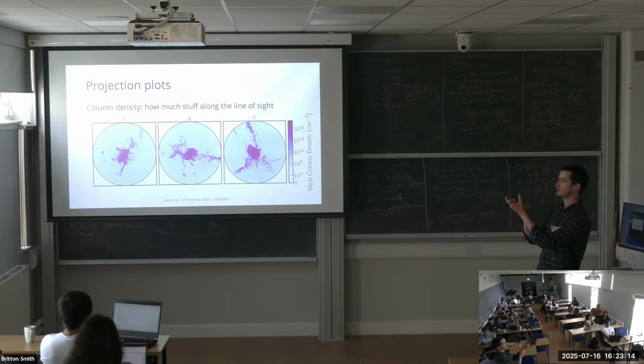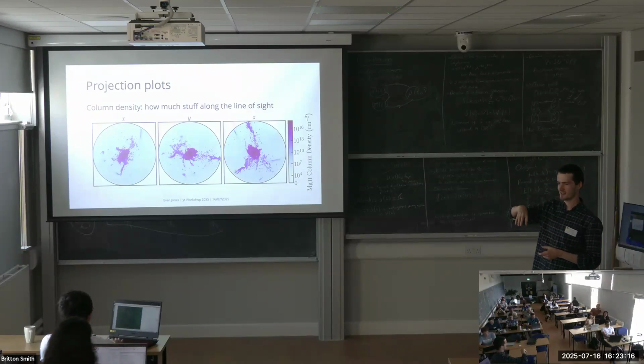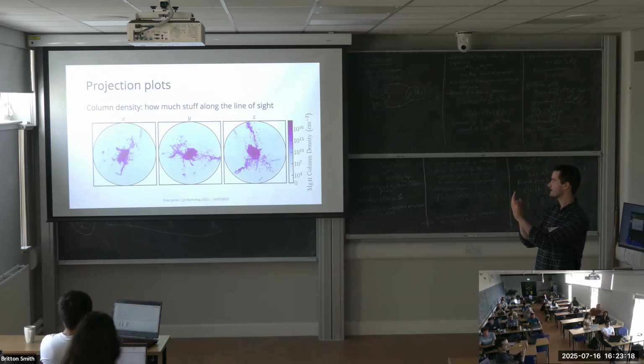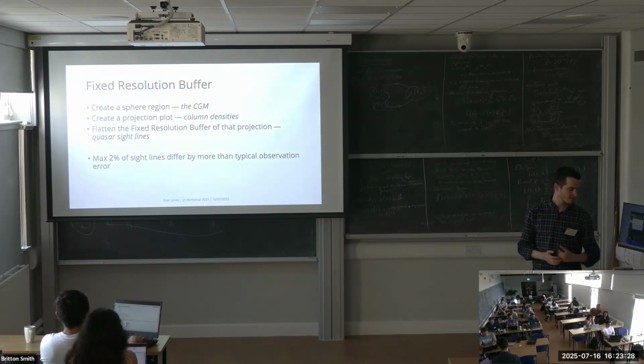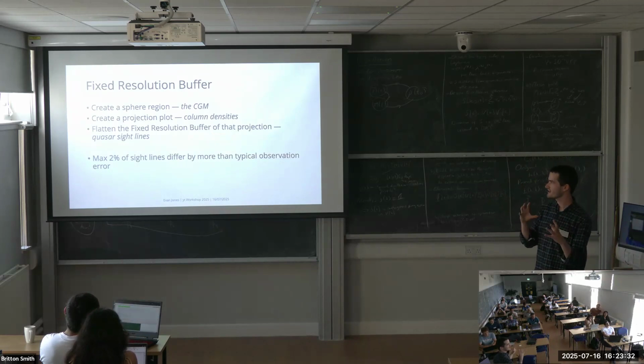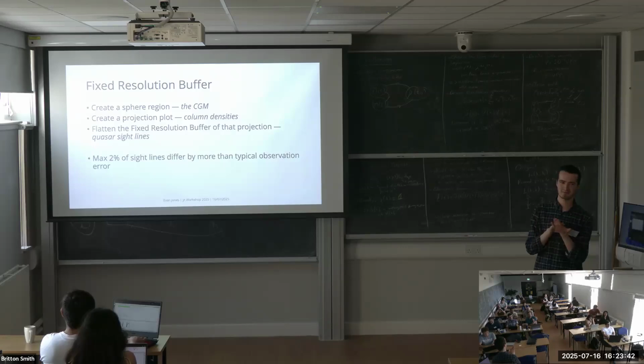You can't say there's a cloud there and a cloud there; you can only say how much is there between the two of us. When you take a projection plot like this, that gives you a bunch of pixels with these things. So you create your sphere region, which is the circumgalactic medium, and the projection plot for the column densities has its own fixed resolution buffer, which we might remember hearing before.